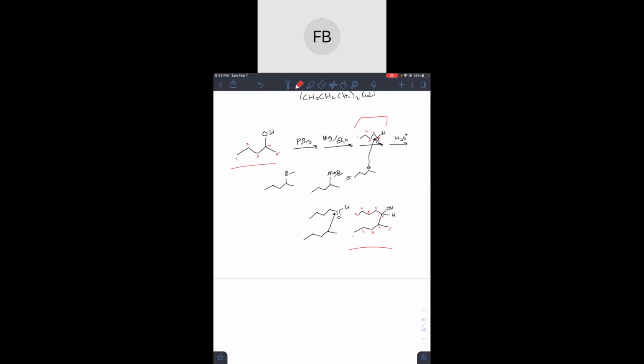They should be either from the original, the one that's attached to the MgBr, or from the one that's the actual Grignard. Same with oxygens. You shouldn't have any random oxygens. You should just have the one that came from the ketone and any other ones that might have been attached to the thing in the beginning. But this OH, for example, got turned into a Br, so that's not going to be in our final product. So make sure that your answer makes sense and that there's nothing random or new in it.